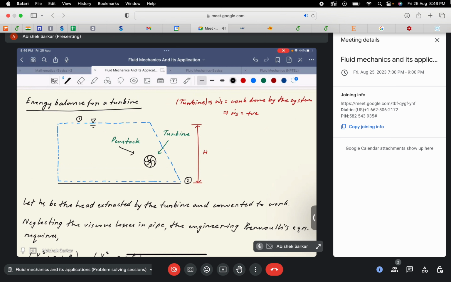I can draw it also, just to be clear. In the reservoir, the liquid traverses through the penstock, and then it will hit the turbine, cause the turbine to rotate, and then this liquid moves out at the exit.